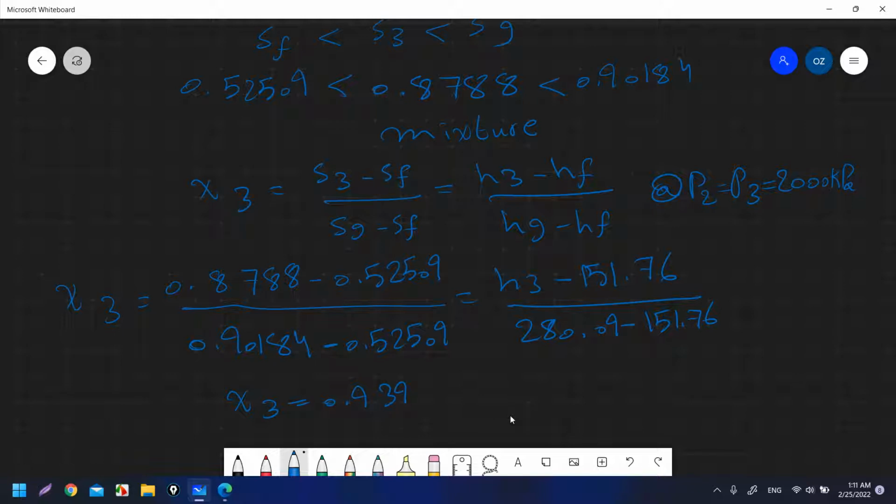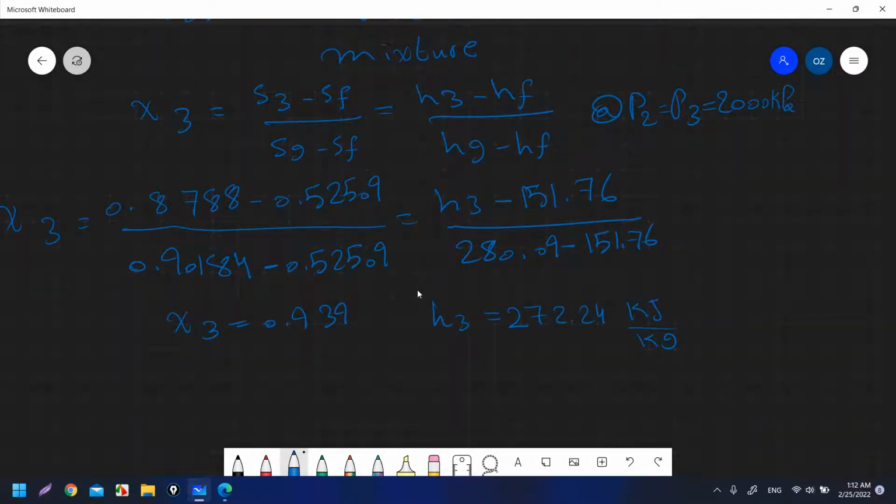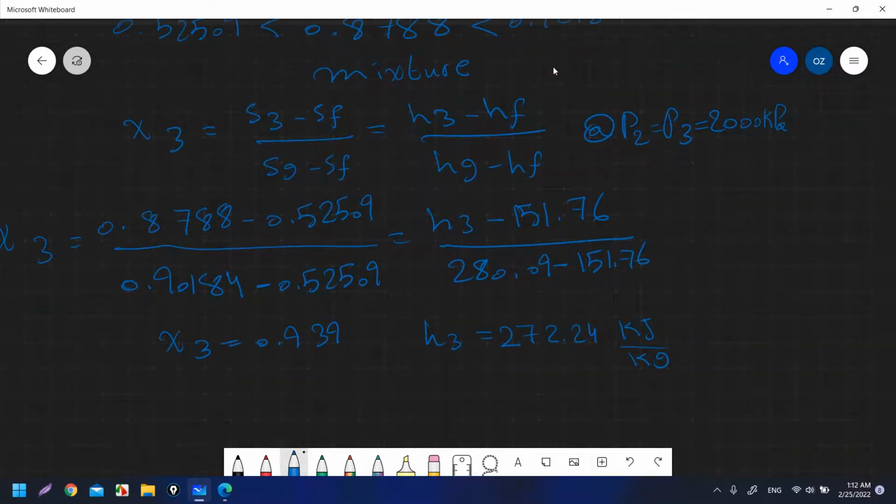It is a little bit higher than X4; X4 was only 0.93. And H3 will be 272.24 kilojoules per kilogram. So that is H3. Okay, what about the temperature?